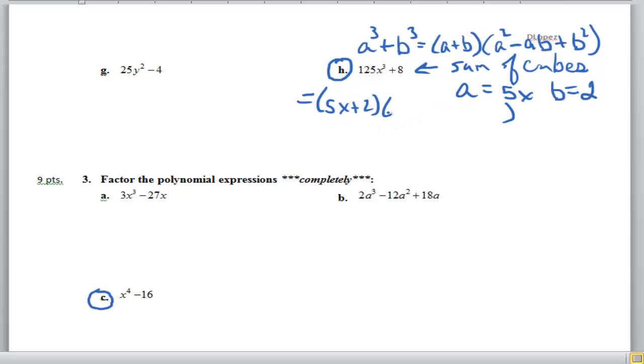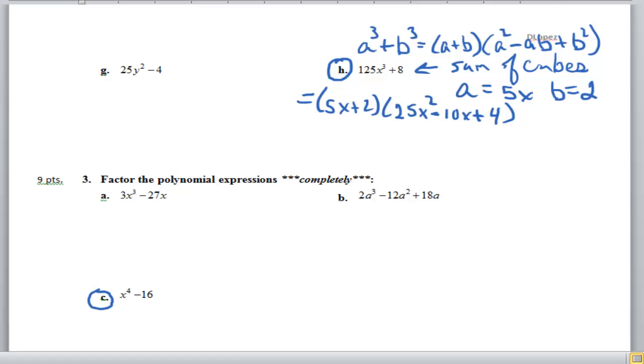So if a is 5x, a squared is going to be 25x squared. If b is 2, b squared is going to be 4. And then in the middle, you just get the opposite of a times b. So a times b would be 10x, and I'm going to write this as minus 10x.